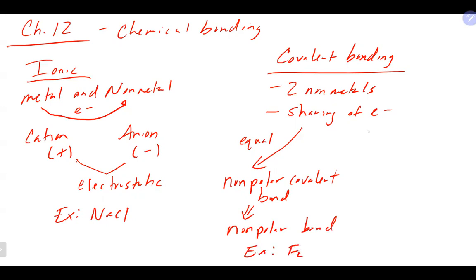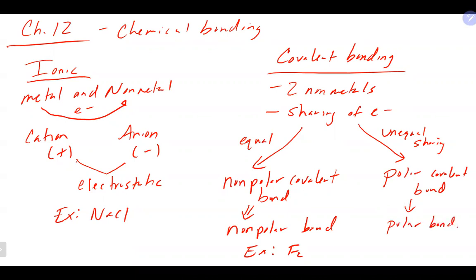And we also can have a situation where it is unequal sharing of electrons. That unequal sharing of electrons creates what's known as a polar covalent bond, and that is sometimes referred to as just a polar bond.